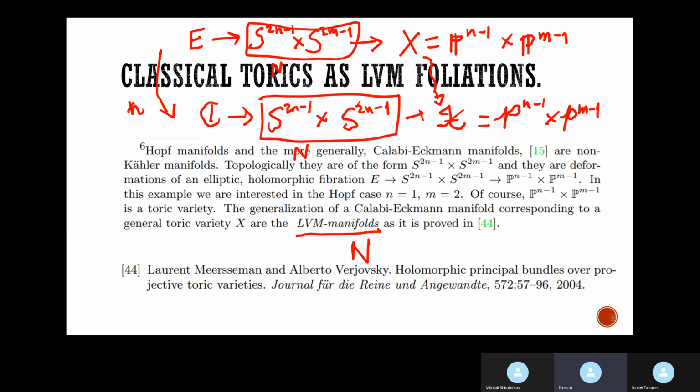They are non-symplectic, non-Kähler, but still complex manifolds. There is this famous complex structure on this product of these two spheres. There is a subtle complex structure. It's non-obvious. Laura Meersseman and Alberto Verjovsky discovered the corresponding ones, which are called LVM manifolds.